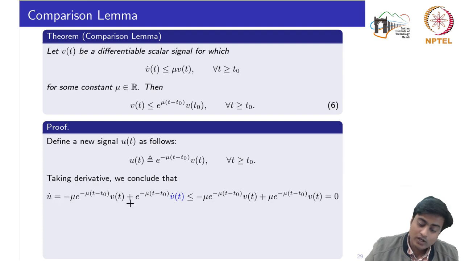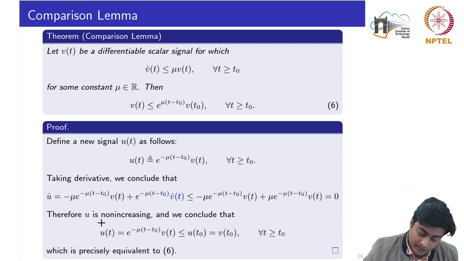Meaning u dot is less than or equal to 0, so u is a non-increasing signal; either it would be a constant or would decay. So we conclude that the value of u at some time t would always be less than or equal to u at the initial time t naught, and u of t is basically given by this part.